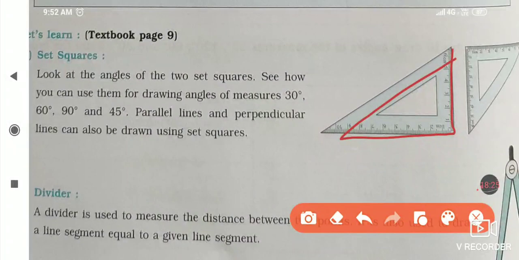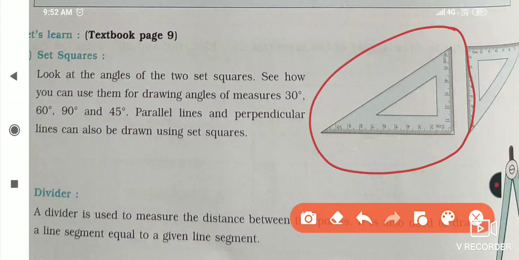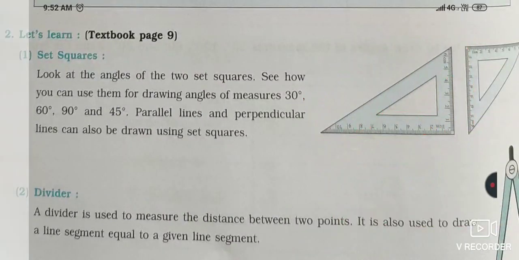If you measure the angles of this, you will notice that this angle is 90 degrees, this is 60 degrees, and this is 30 degrees. So this set square has angles 30, 60 and 90.